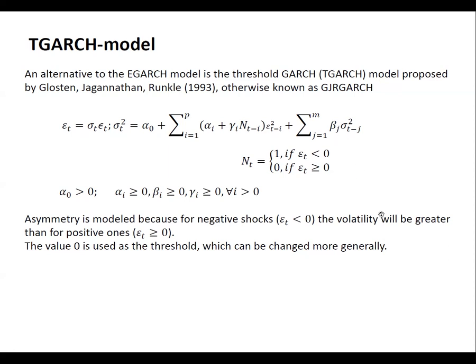We also need to have a parameter limit here. In the standard T-GARCH model, the threshold used is equal to 0. But in general, to be honest, the threshold can also be searched over, and there can already be many options for specifying this T-GARCH model.